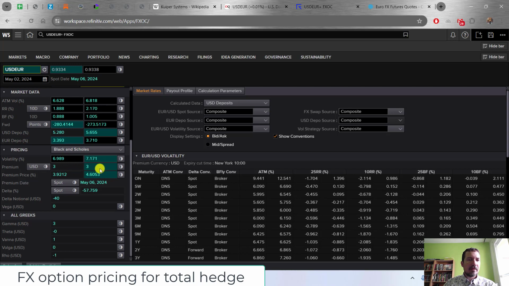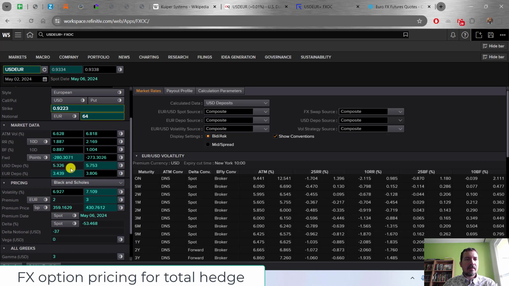So how much should it be in euros? Okay, so the premium, with Black-Scholes. Okay, only Black-Scholes can be applied. Will be 2 euros for the whole thing. I mean, in this case, it will be 2 million euros.